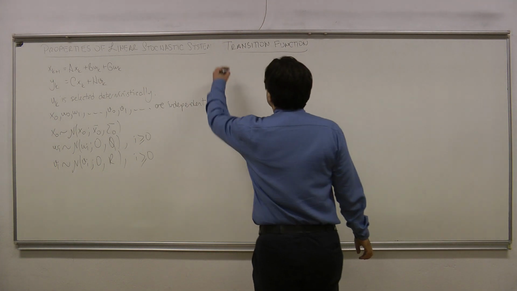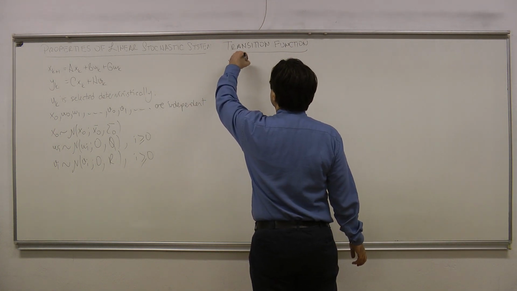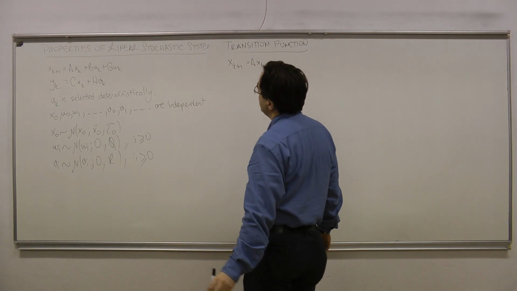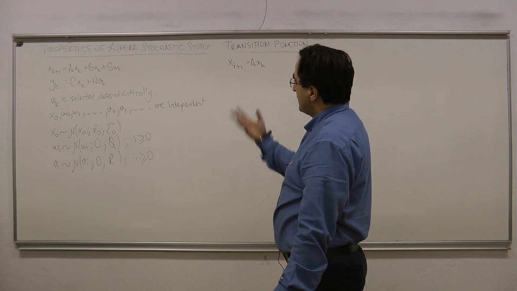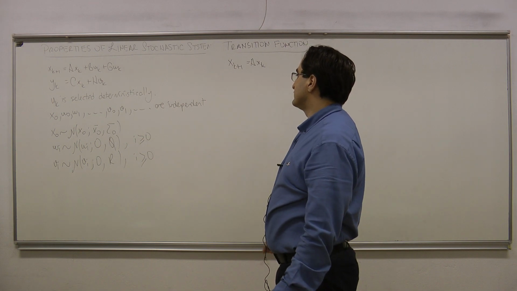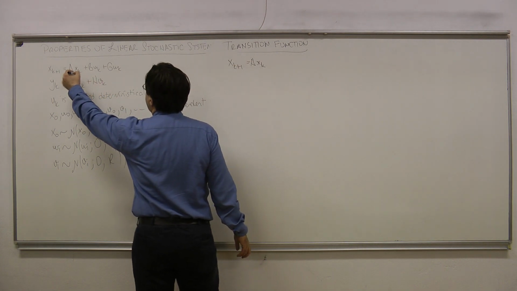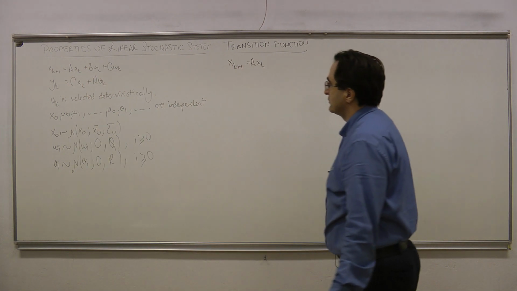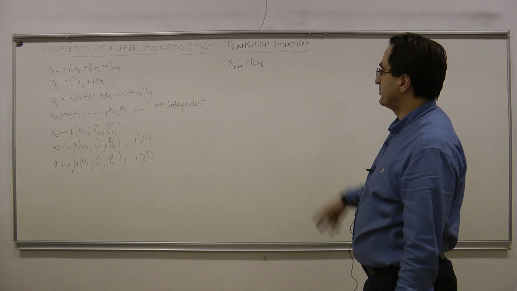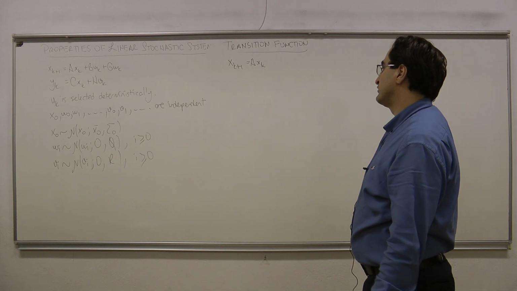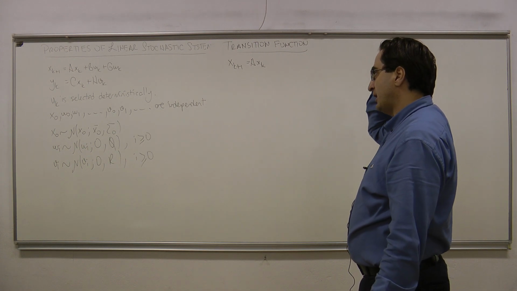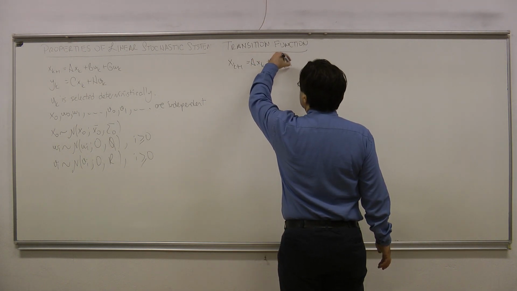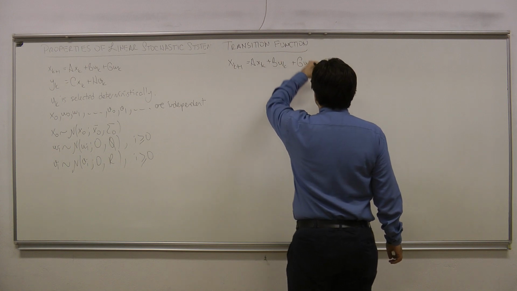So here let me write xk plus 1 is equal to A xk. This is a time invariant linear stochastic system, but with a time varying system, I would have AK, BK, GK here. We are not going to consider that one because the expressions are significantly more complicated, but they could still be derived for the time varying case as well. A xk plus B uk plus G wk.